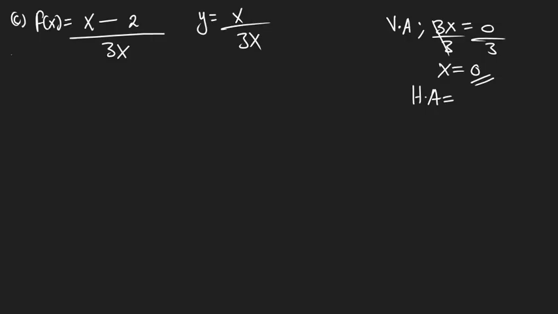So in this case, what is our horizontal asymptote? It's 1 over 3. So horizontal asymptote in this case is 1 over 3. Okay, that's our horizontal asymptote, 1 over 3.